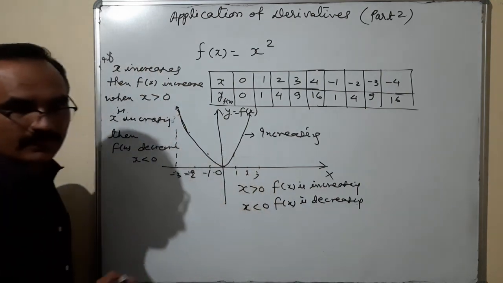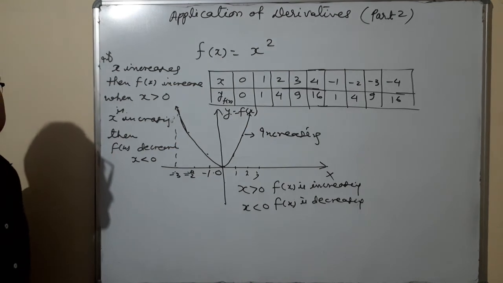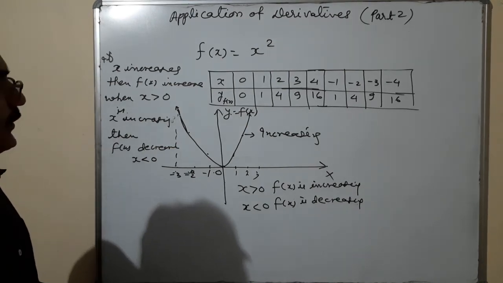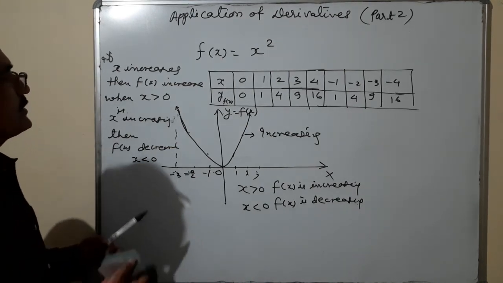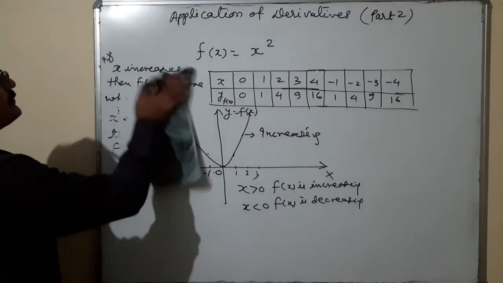This is an increasing function on the right hand side, but on the left hand side it is decreasing. So if I want to write the definition of it, what should I write?